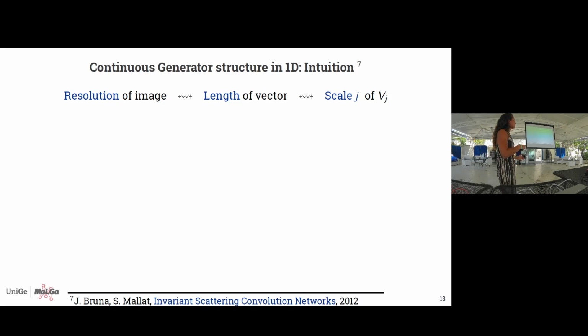If the vector is very large, the vector belongs to a very fine, very refined space, while if the vector is small, the vector belongs to a coarse space.